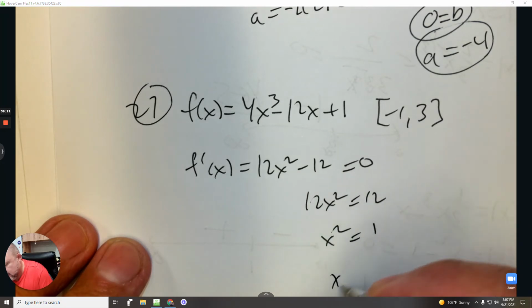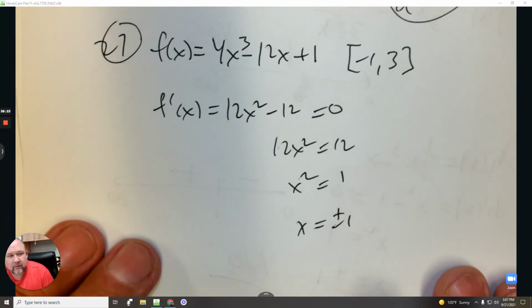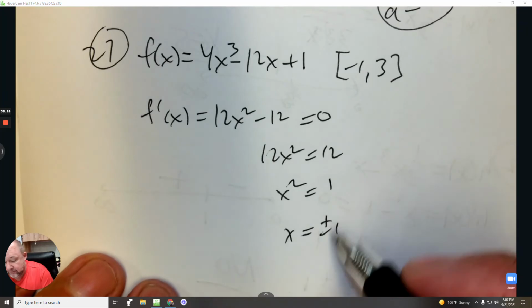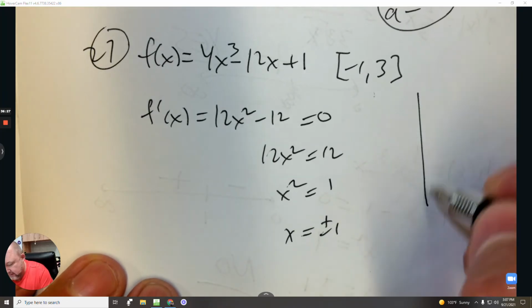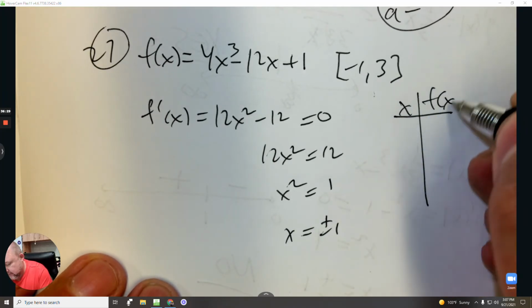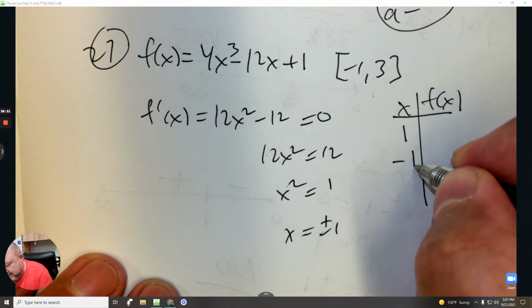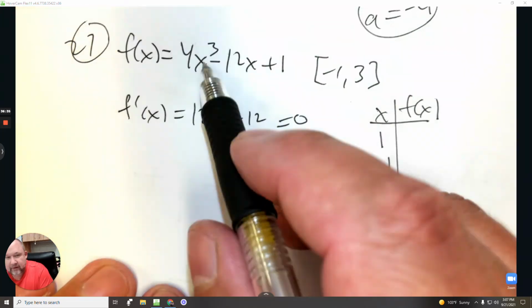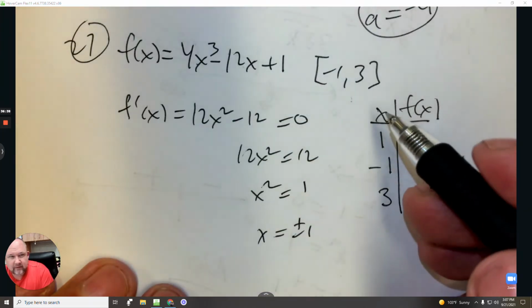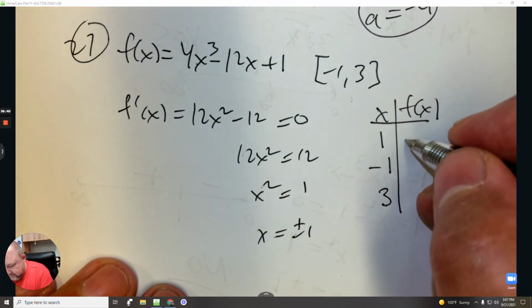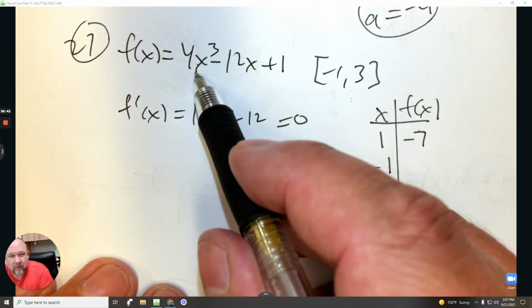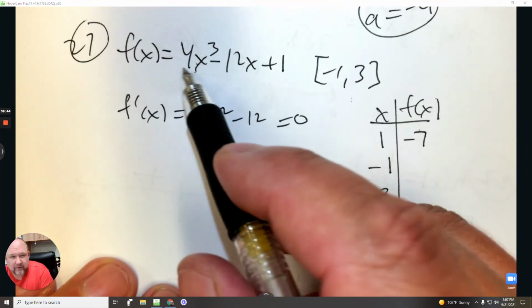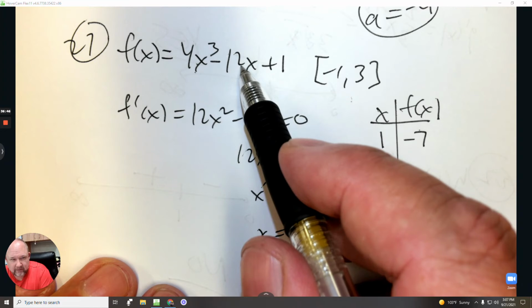So when I solve this, we got positive and negative 1. Both are in my interval. So I'm going to do a table of values. So we have positive 1 and negative 1, but I also need positive 3. If I plug in positive 1, I get the answer negative 7. If I plug in negative 1, that's negative 4 plus 12 plus 1.